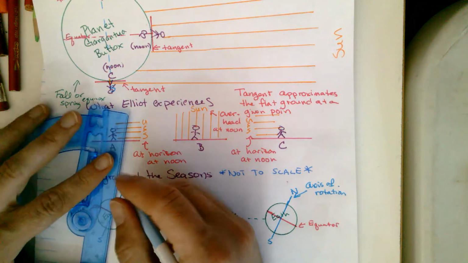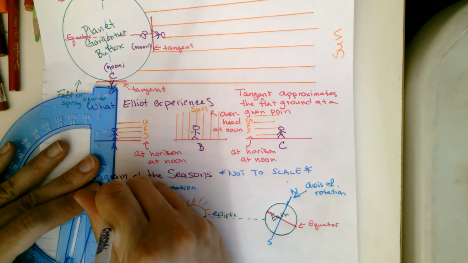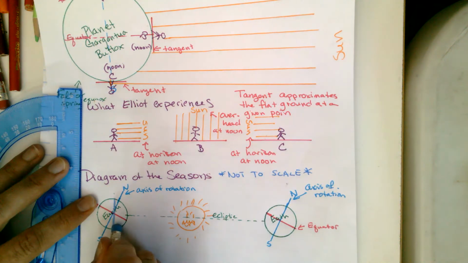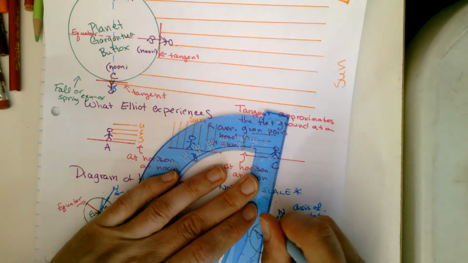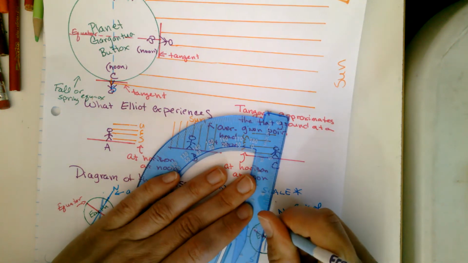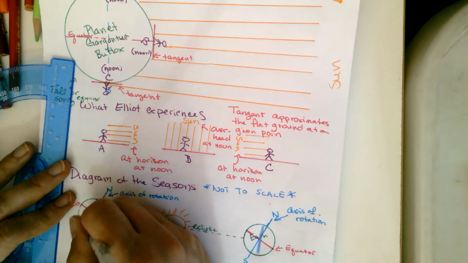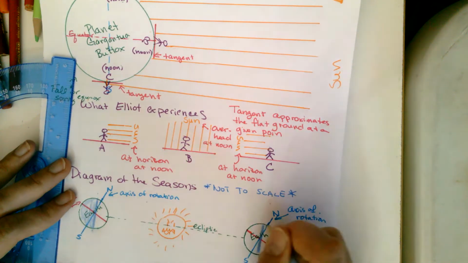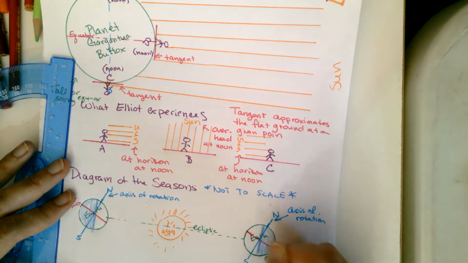So I'm going to draw a vertical line going this way, right through the intersection. And I'm going to do the same thing over here. There's going to be a little difference between these two because they're shaded on opposite sides. Over here, this side is night, and over here, this side is night, because that's the side facing away from the sun.